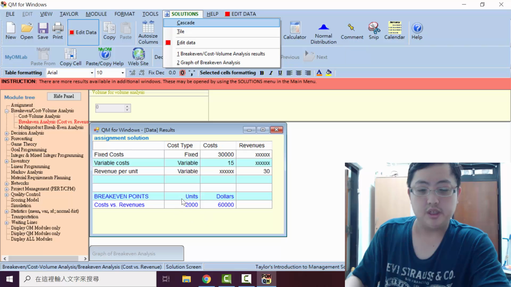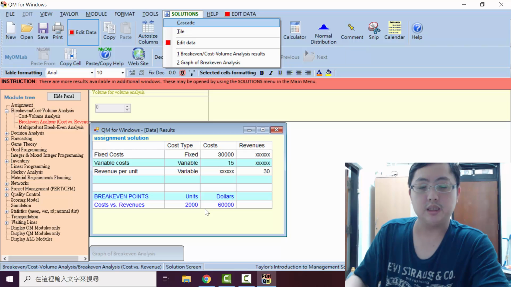That means if we produce a quantity that is more than 2,000 units, we can make profit greater than 0. If the reverse is true, we will have a loss.